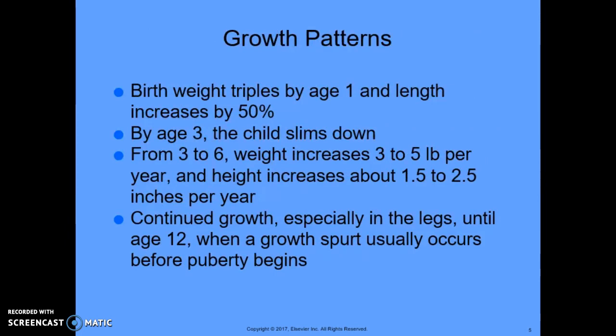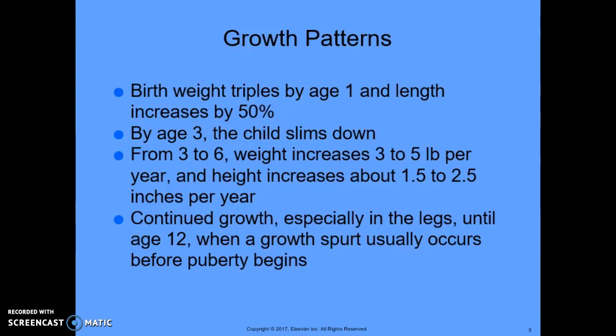So some growth patterns that we want to look at: birth weight triples by age 1 and the length increases by 50% regularly. By age 3, the child starts to slim down. From 3 to 6, weight increases, and 3 to 5 pounds per year is a typical weight increase, and the height increases about 1.5 to 2.5 inches per year.